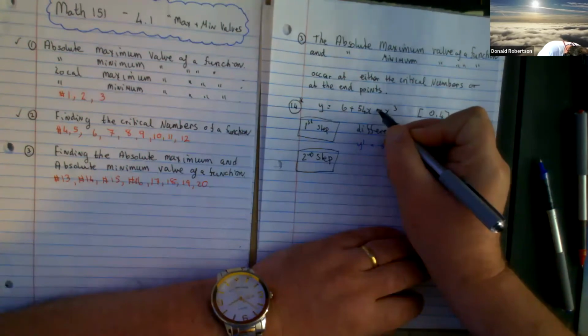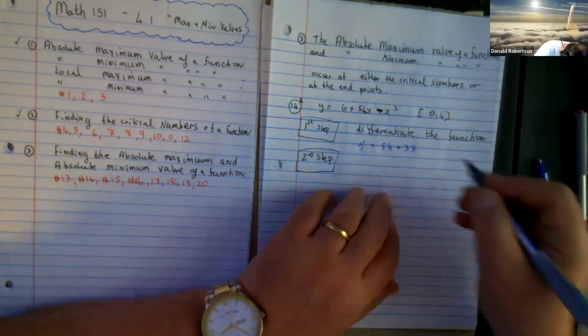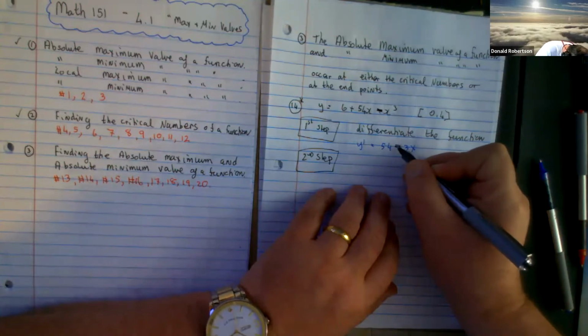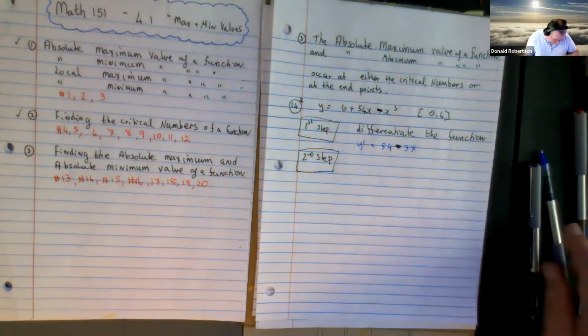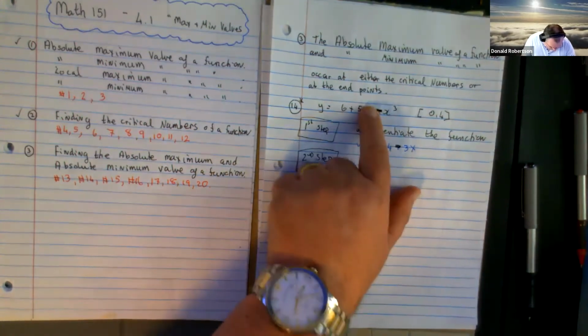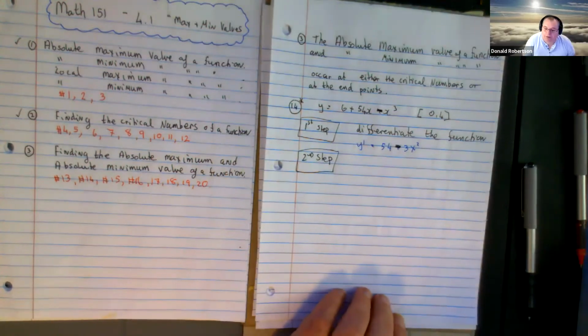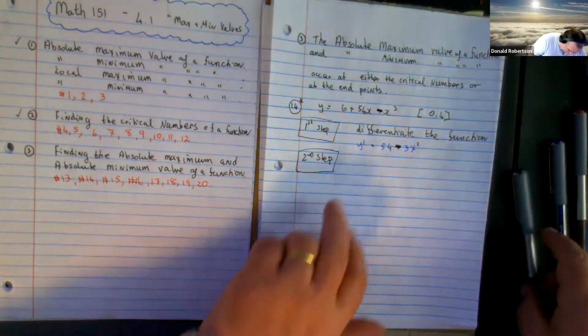That's a minus. Okay, I can handle that. So you differentiate that, you get 54 minus 3x squared. So far, so good.